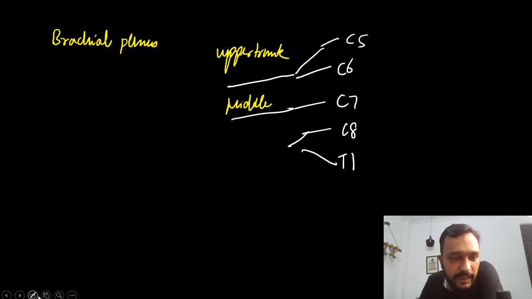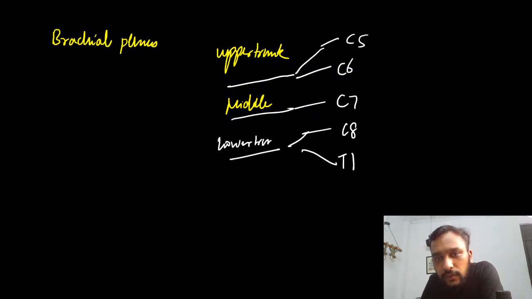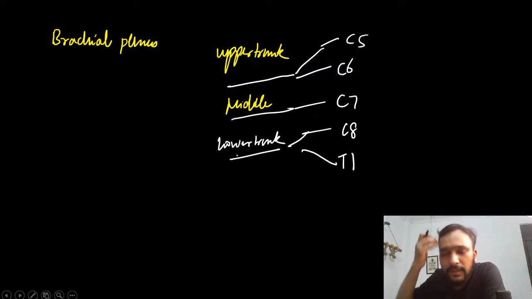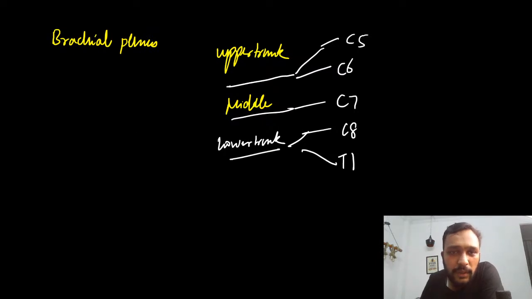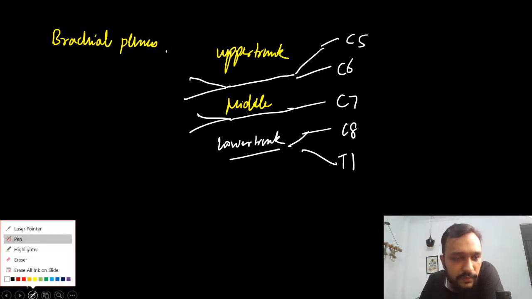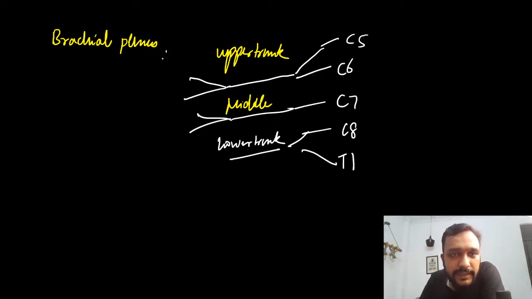C8 and T1 join to form the lower trunk. Now guys, what is going to happen? Each trunk is going to give two divisions, so divisions will be given by all three trunks.